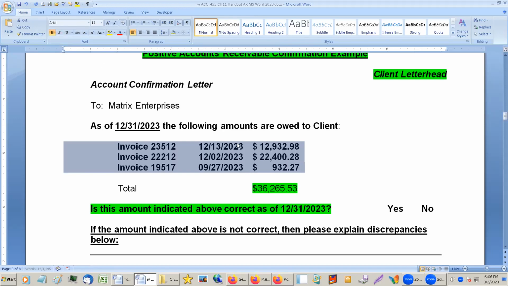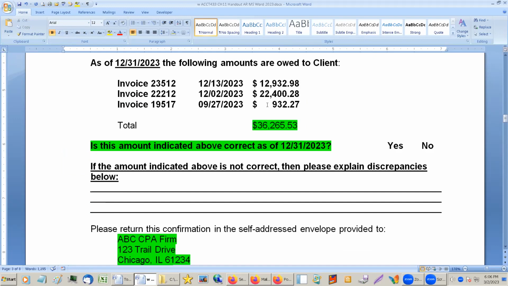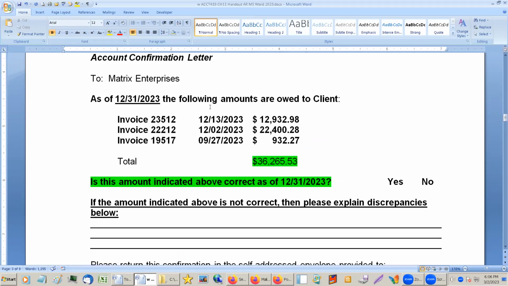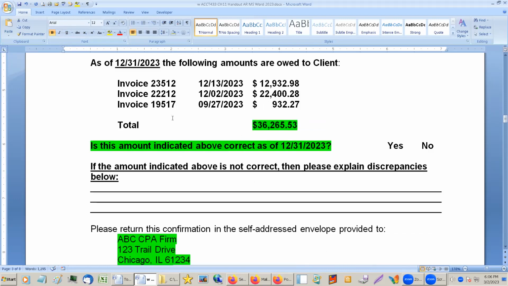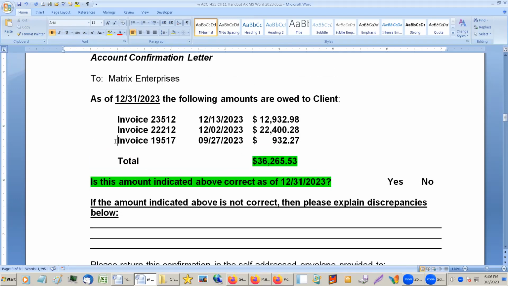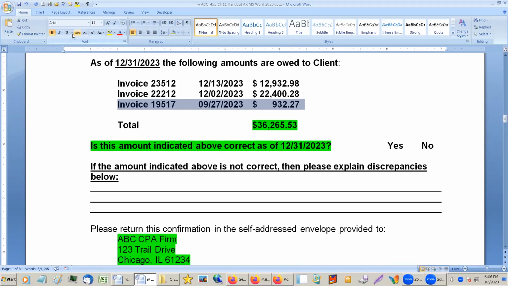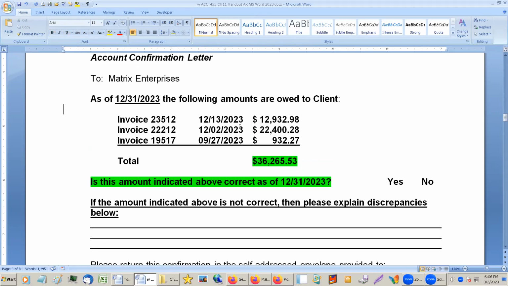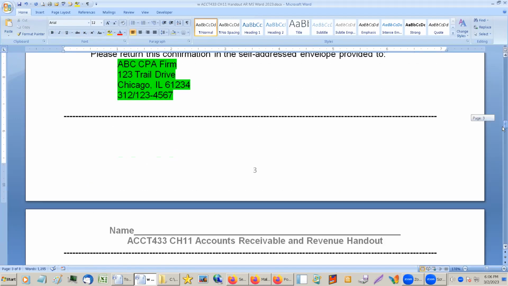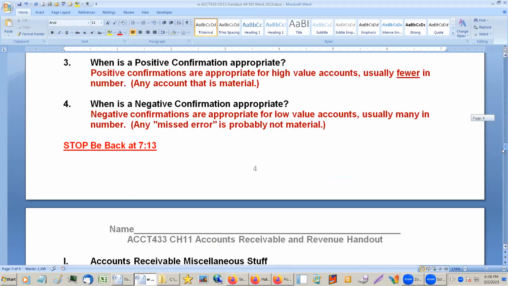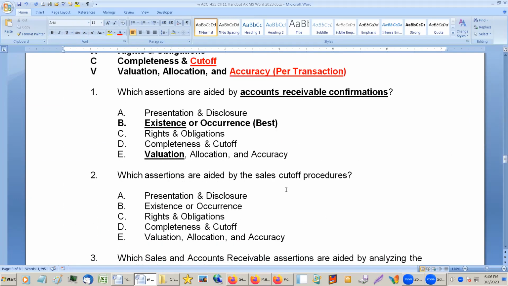Hopefully your customers are very honest and they'll tell you, hey, I owe you $10,000 more, or whatever it is. But it's possible that whatever's on here isn't the total, and that the customer or the client is not being totally truthful. Not an ethics class, but the valuation can be a little bit tricky because of that.